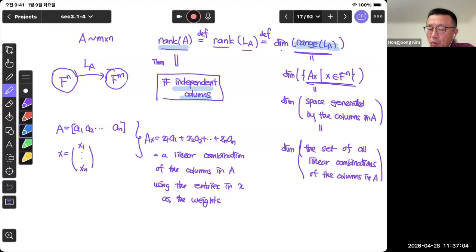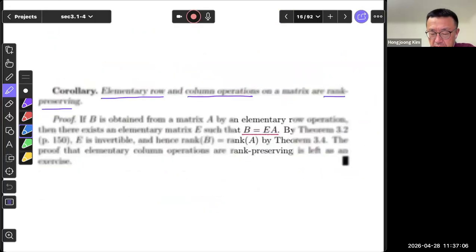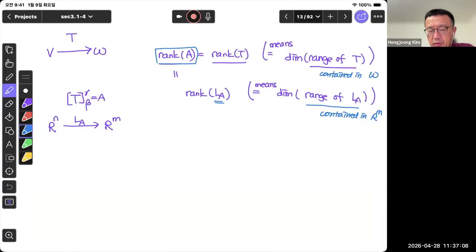Okay, so let me go back a few slides. So here in this slide, if I have a linear transformation T from V to W, then you can directly find the range of T and then you can count its dimension.